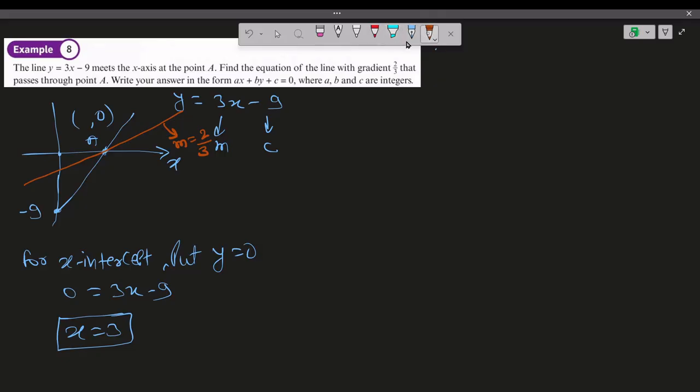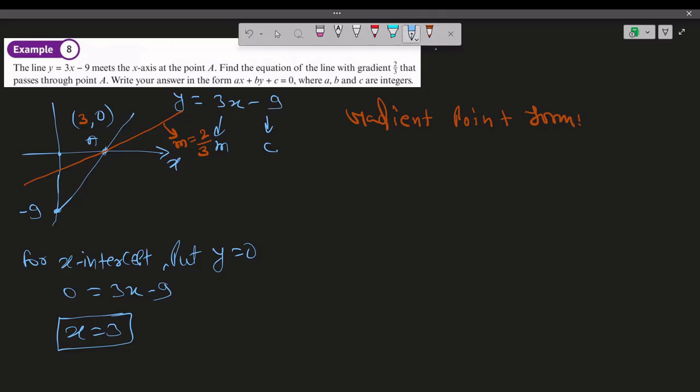The point A is (3, 0). So to find the equation of the brown line, we know the gradient and one point, so we will apply the gradient point form.